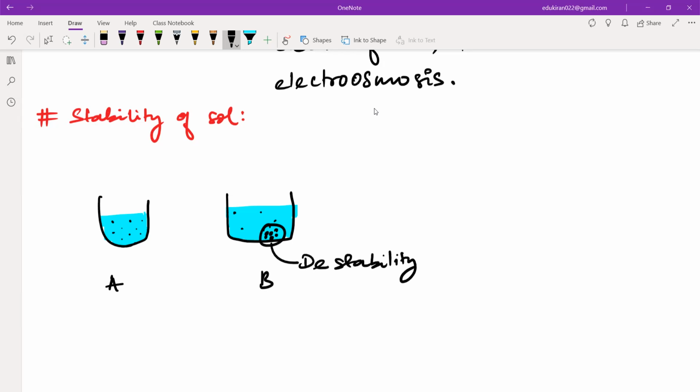If some particles are aggregating, that causes destability of the sol. We have seen that there are two types of sol: one is lyophobic, and the second is lyophilic.